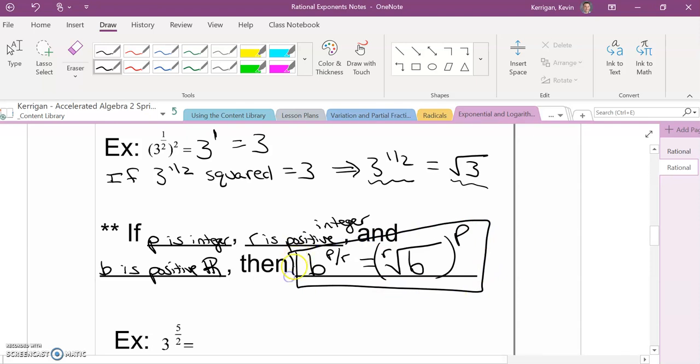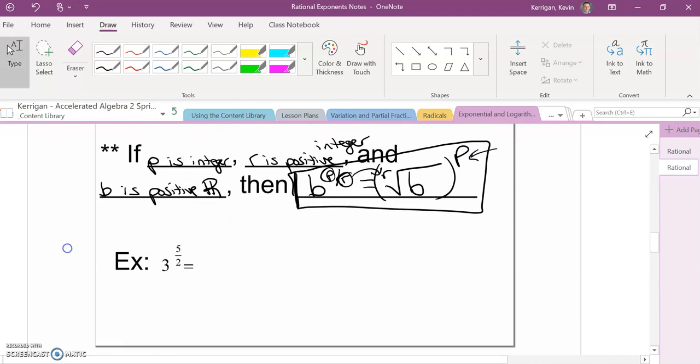So anytime I have an exponent that is raised to some fractional power, I can convert that over to a radical by just making whatever the denominator of this fraction is the index of the radical, and whatever the numerator is ends up being what I'm raising that radical to. Right? So now, 3 to the 5 halves.